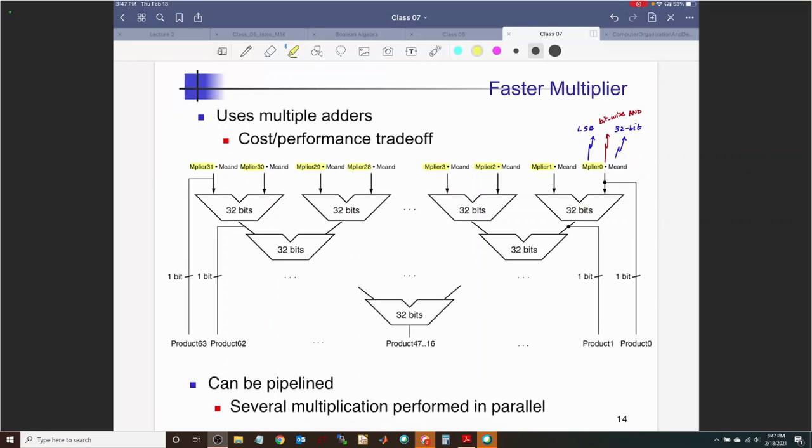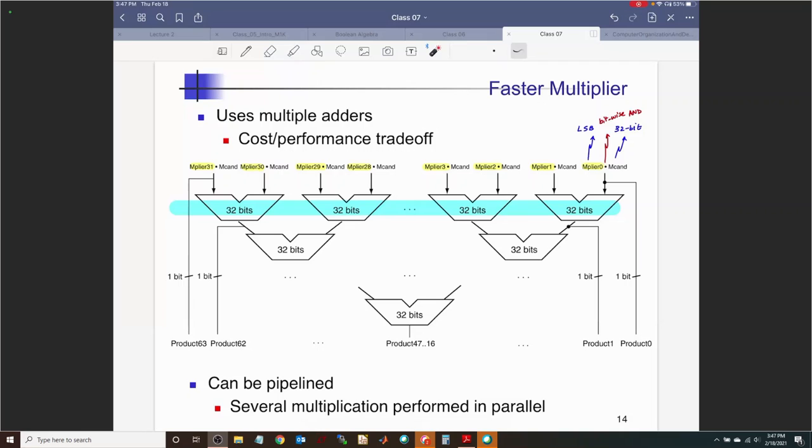How many ALUs am I using in this level, in the blue level? How many ALUs am I going to have? You see this? 0, 1, 2, 3, 32.